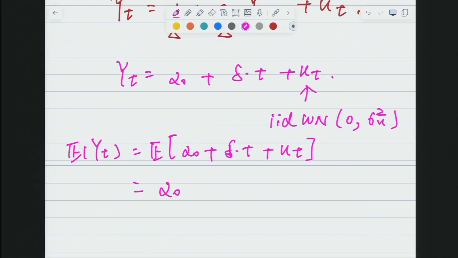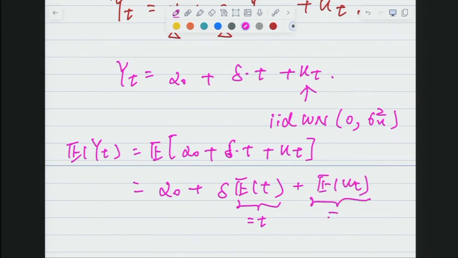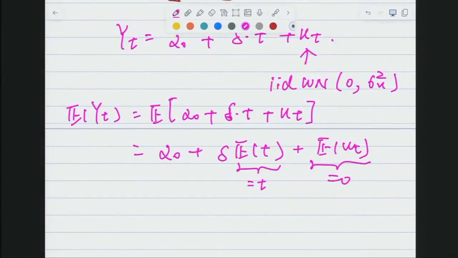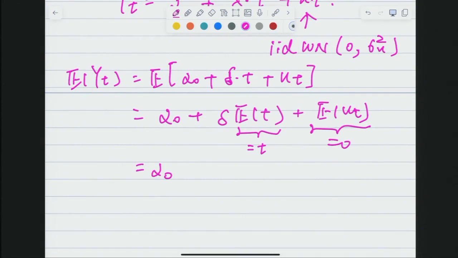Delta, again, is a constant, we can take it out, multiplied by the expected value of t. t is deterministic. The expectation of a deterministic variable is itself, which is just t, plus the expected value of u, our shock, which is 0, given that it follows an IID white noise process. So we can see that the mean of a deterministic trend only model depends directly on the time index t.